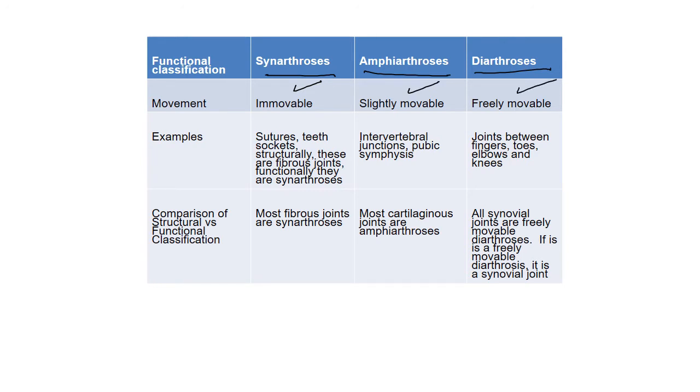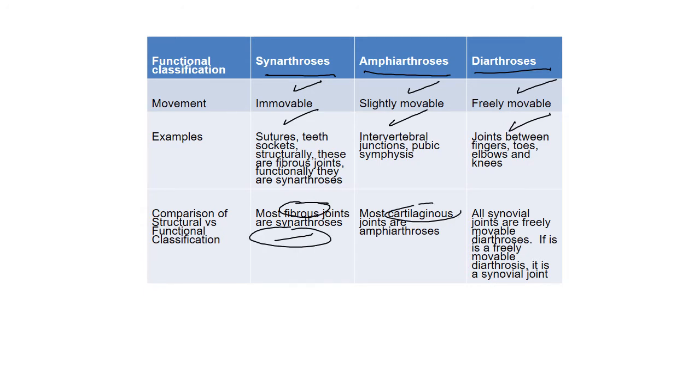Examples of synarthroses: the sutures and teeth sockets, which are structurally fibrous joints and functionally synarthroses. Amphiarthroses are intervertebral junctions and the pubic symphysis, and diarthroses are joints between the fingers, toes, elbows, knees, those kinds of places. So in a comparison of functional and structural classification, most fibrous joints are synarthroses.